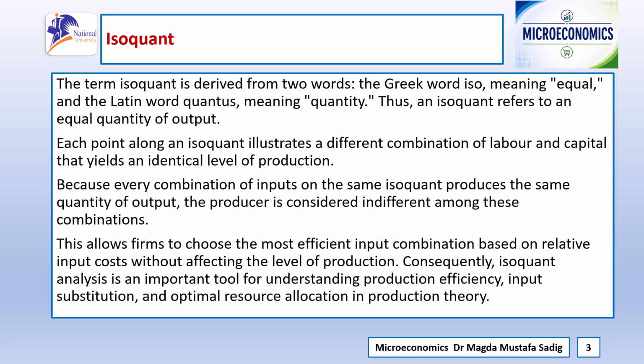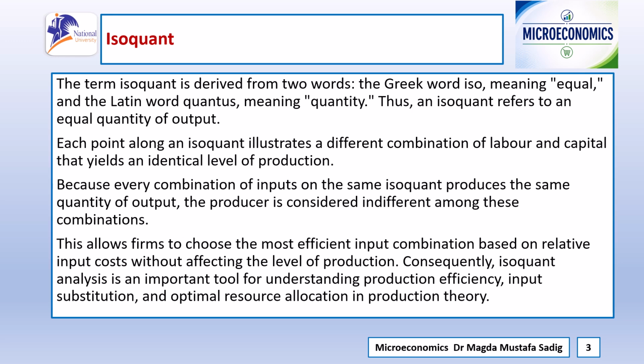Suppose a factory wants to produce 100 units of a product. There may be several ways of combining labor and capital to produce those same 100 units. For example, the firm may use many workers and few machines, or many machines and fewer workers.